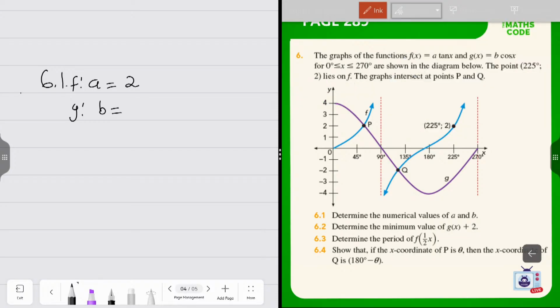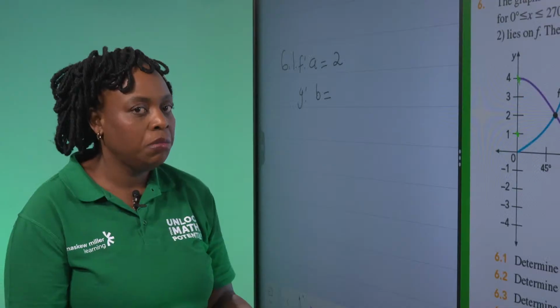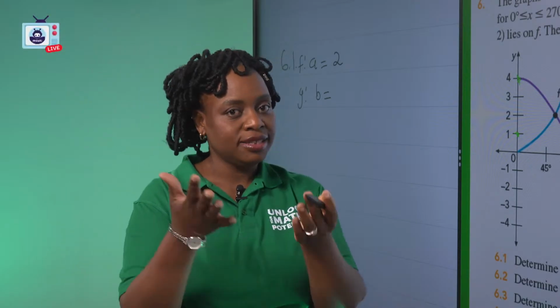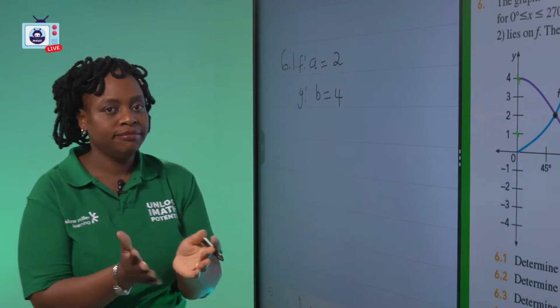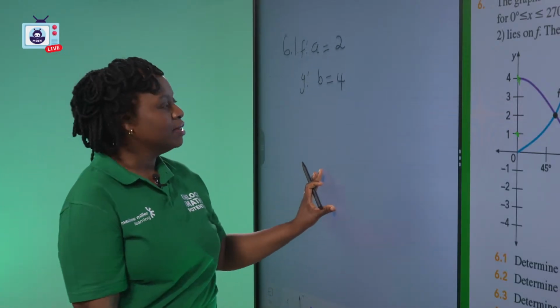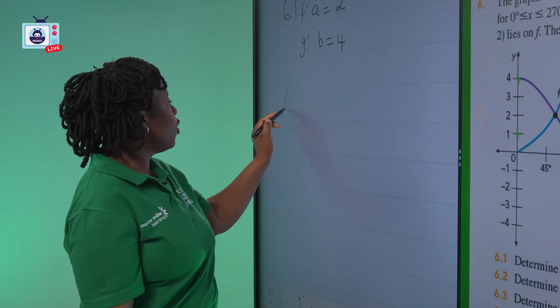But now you can see that that 1 has been moved and is now 4. So what does that mean? It means that our B is 4. So then you're done. That's how you answer the first question. Is it right? Yes, of course, it is easy.